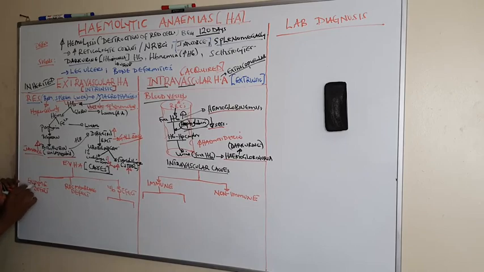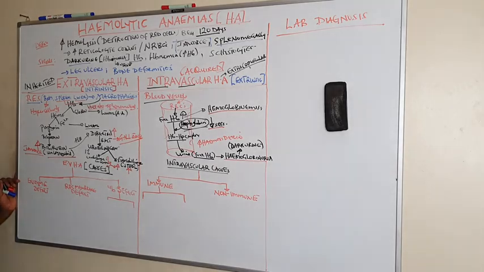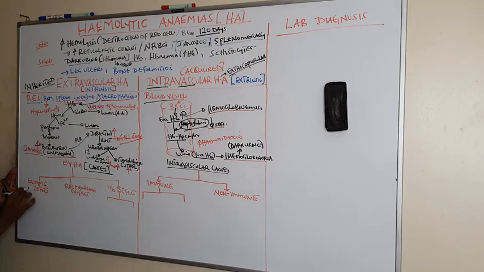We shall see enzymopathies, or what we call red cell enzyme defects. For example, here we shall give an example of pyruvate kinase deficiency, and we shall also look at glucose 6-phosphate dehydrogenase deficiency. We can even see hexokinase deficiency.